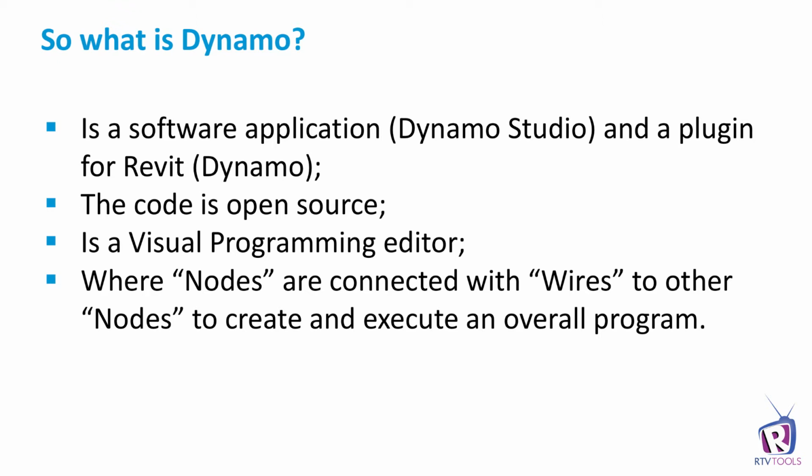It'll take some inputs and it'll give you results via outputs. And we use the wires to pass data or information from one node to the next. So we'll take the inputs that we require and put that into a node, and then the outputs or the results from that node to the inputs of another node, and just pass information backwards and forwards, and it'll execute the program that we're trying to achieve.